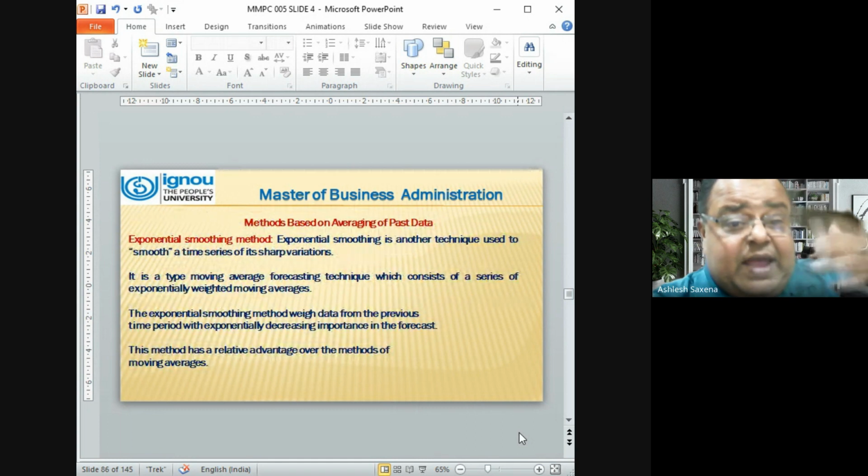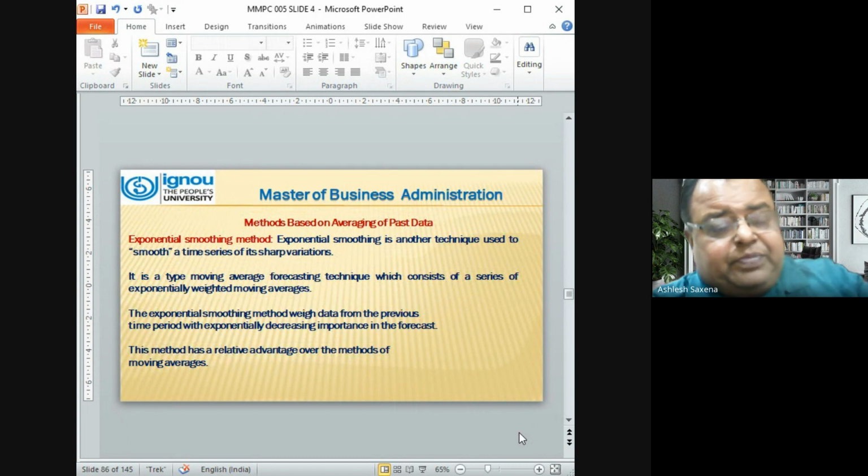Methods based on averaging of past data, that is, the exponential smoothing method. Exponential smoothing is another technique used to smooth a time series of its sharp variations.